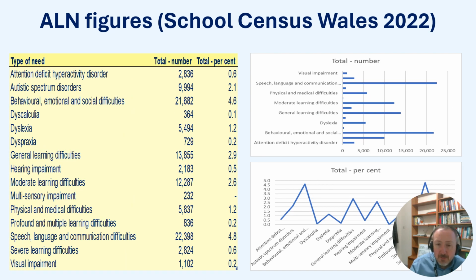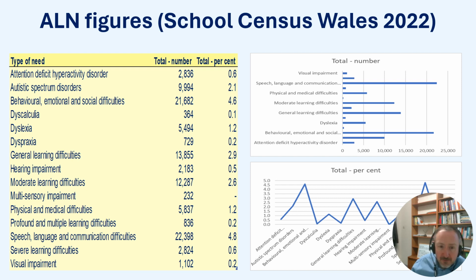We also very briefly introduced what the most high incidence areas of additional learning needs are in schools in Wales. In other words, what areas of need learners have been identified and assessed as having. We can see, for example, speech, language and communication difficulties, with over 22,000 learners in Wales assessed as having difficulties in that area.